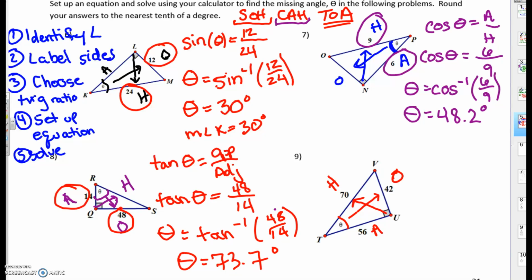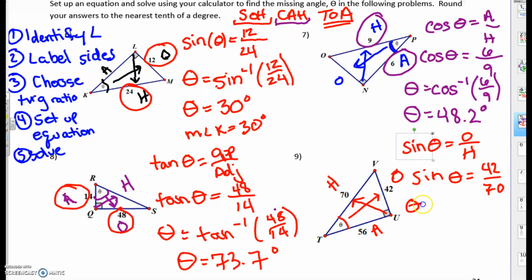You have choices. So I could do sine of theta equals O over H, in which case sine of theta equals O is 42, H is 70, so theta equals sine inverse of 42 over 70.